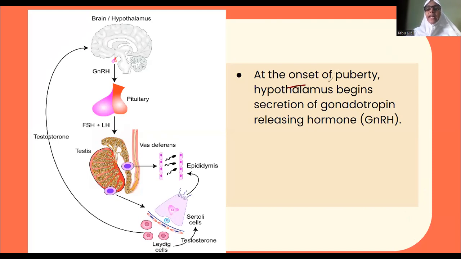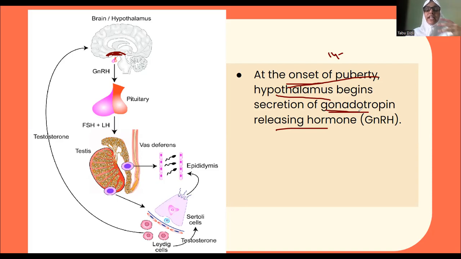So when the male reaches puberty, from 14 years onwards, the hypothalamic region of the brain, somewhere over here, is responsible for secreting a hormone known as gonadotropin releasing hormone. Gonad stands for your reproductive system. So in general, we call them gonads.